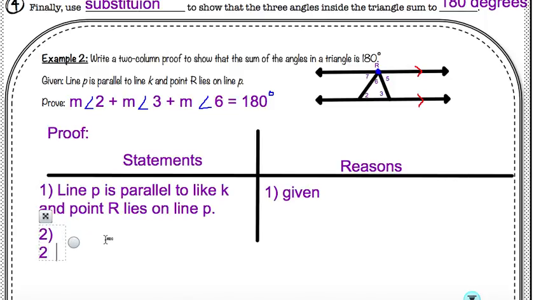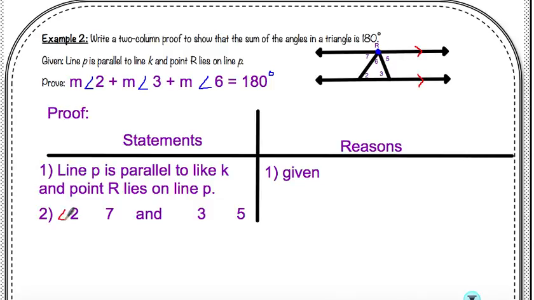And I know angle 2 and angle 7 are alternate interior, and I know that 3 and 5 are alternate interior angles. Okay, so that means angle 2 is congruent to angle 7, and angle 3 is congruent to angle 5.